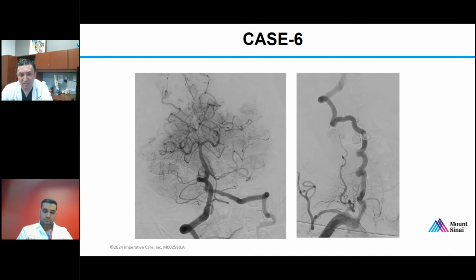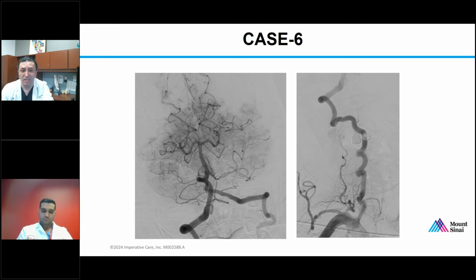And as you see on the left side, on the right side, this is just showing the follow-up run of the vertebral artery with no evidence of damage, dissection, spasm, or any untoward lesion, despite such a challenging anatomy.